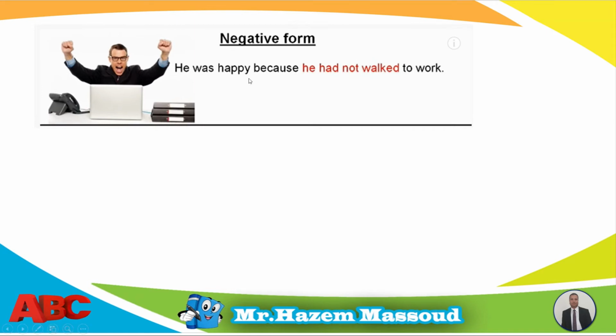Let's move to a negative form. He was happy because he hadn't walked to work. Look here, in a negative, I add the word not after the auxiliary verb had. So in a negative full form, subject plus had plus the word not plus the past participle.